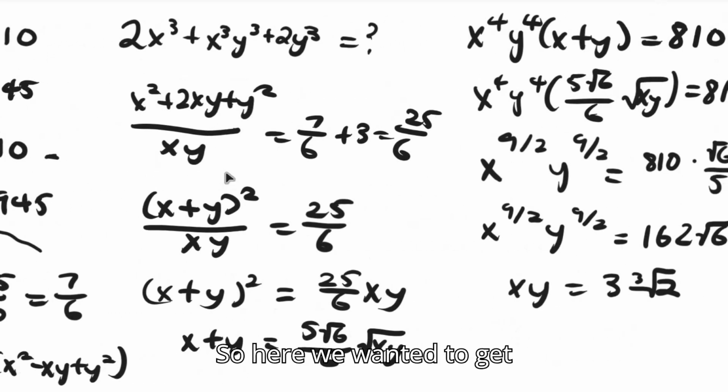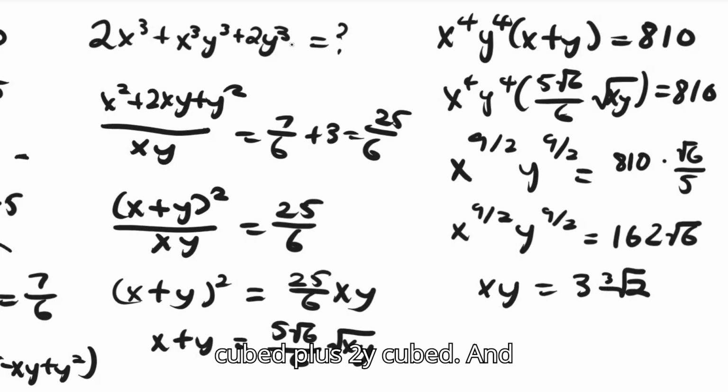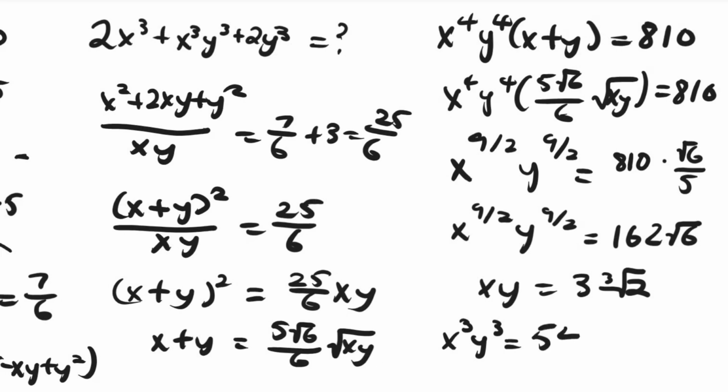So here we wanted to get 2x cubed plus x cubed y cubed plus 2y cubed, and we can get x cubed y cubed by taking this to the power of 3, which would be 3 cubed is 27 times 2, 54.